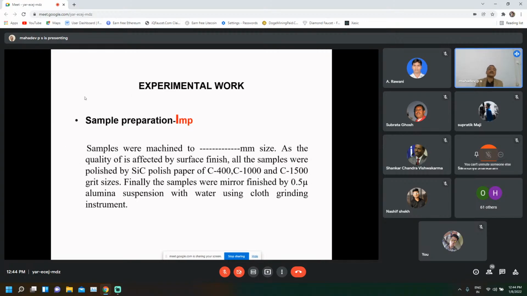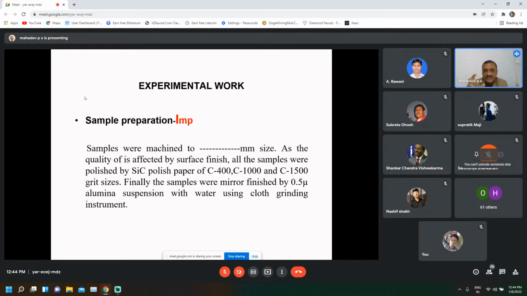For carrying out the experimental work for tribo testing or wear testing, as I told you, the sample is to be prepared as per the ASTM G90 standards. Initially, samples of proper dimension as per the ASTM standards are prepared by machining.